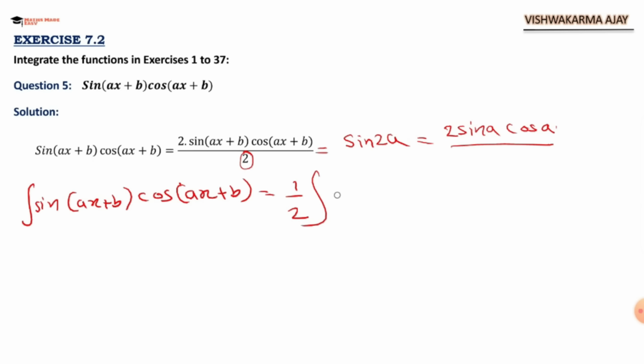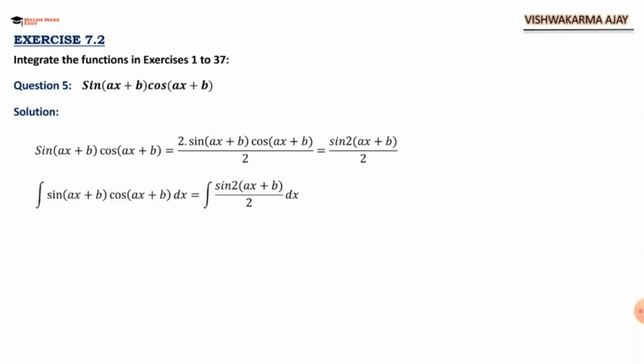So I have here sin of 2 times ax plus b, because 2 times sin a cos a can be written as sin 2a. Taking this 1 upon 2 out of the integral, we have to integrate sin 2 ax plus b.